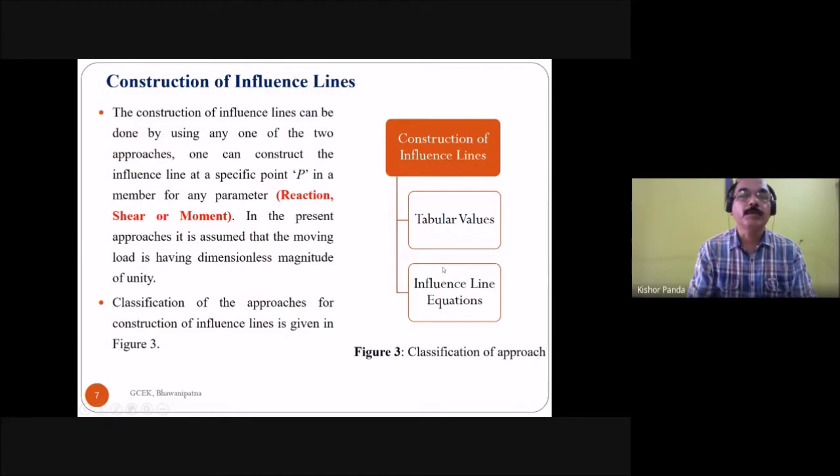In the present approaches, it is assumed that the moving load has dimensionless magnitude of unity. This unit load is moving across the beam, and you have to find out, at a specified point, the influence line diagram for the different parameter, that may be the reaction, the shear force or the moment.